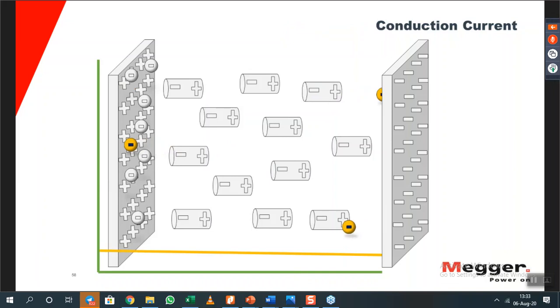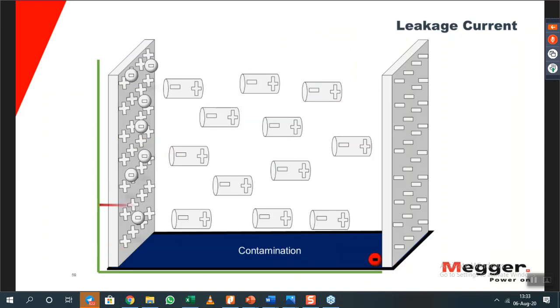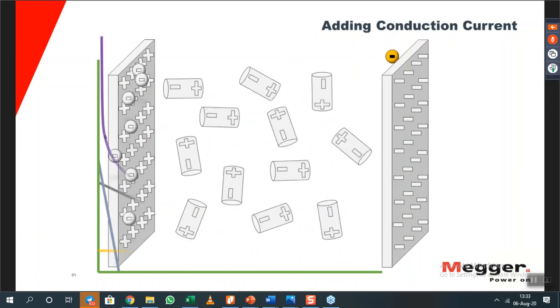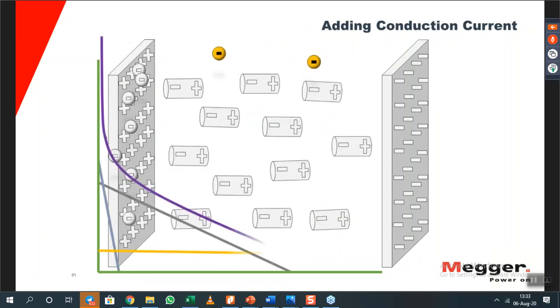And you have the conduction current, and you have the contamination current or the surface leakage current. And the total current, when you add up that, adding the conduction current, you have this total current in the purple line here.